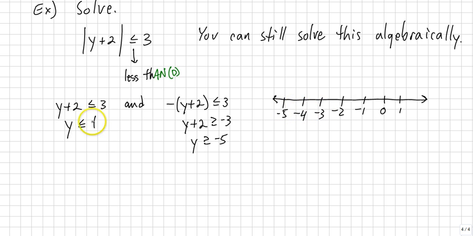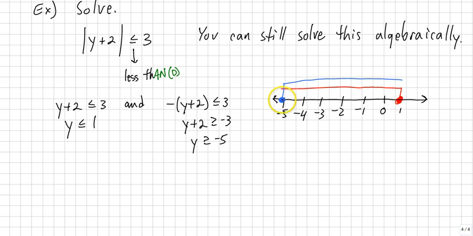So we want to be less than or equal to 1, so equal to 1 or less than. And then we want to be greater than or equal to -5. And we want the overlap. The overlap is right here, which is exactly what we had.